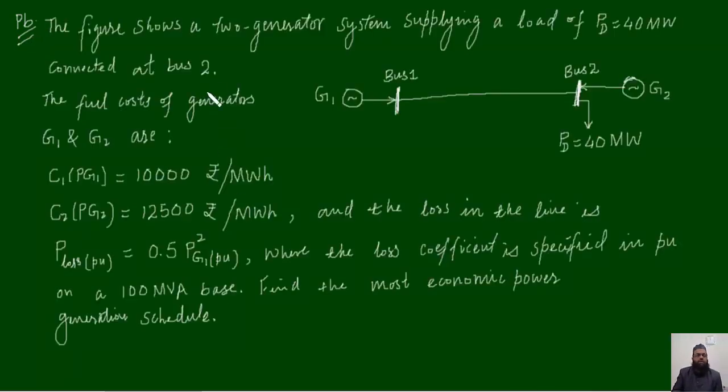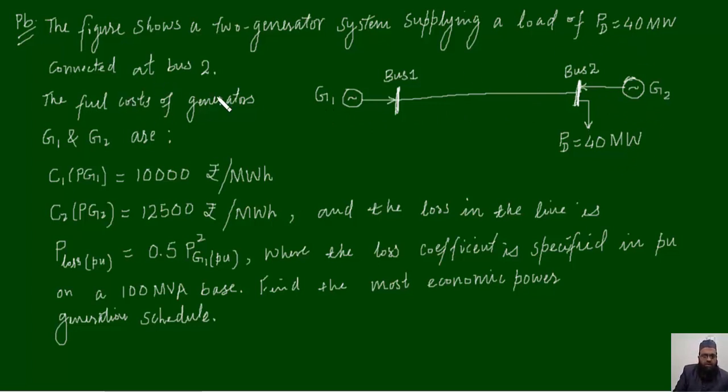Problem 2. This problem was asked in GATE 2012. The figure shows a two generator system supplying a load of PD equal to 40 megawatt.